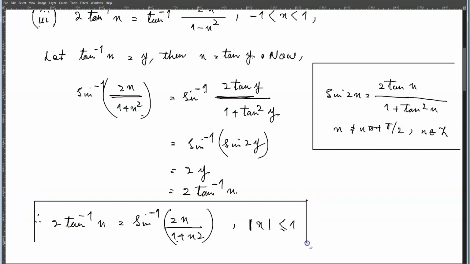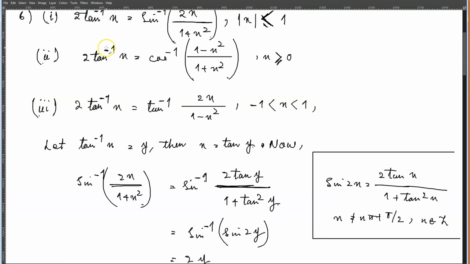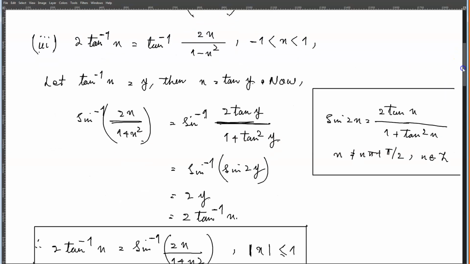Now the second one that we have here, we will discuss that in just a few moments. Okay, so now to take care of the second part of this question, we have 2 tan inverse of x is equal to cos inverse of (1 minus x squared) over (1 plus x squared) for x greater than or equal to 0.